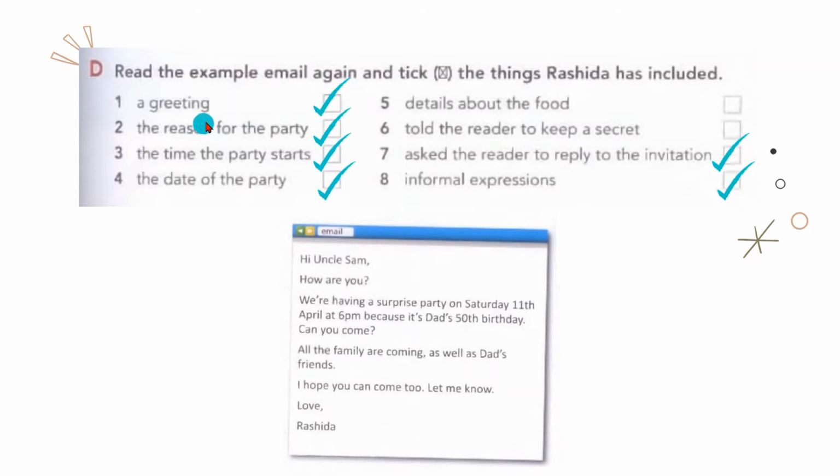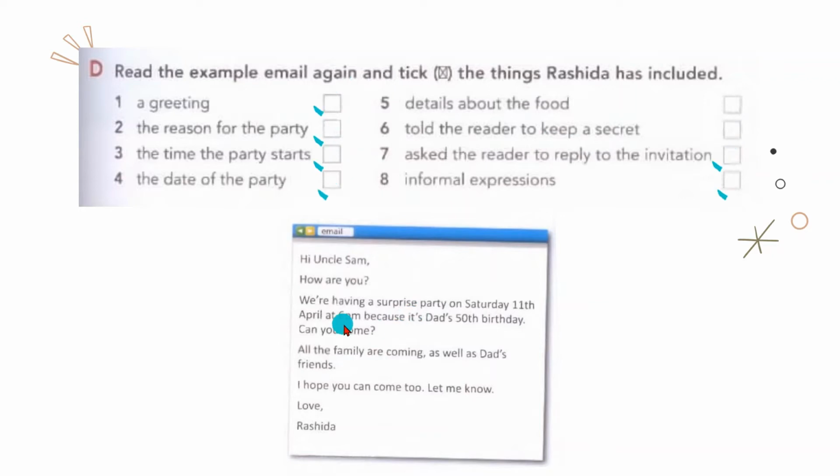So she has included a greeting, the reason for the party. The greeting, hi. Reason for the party, because it's Dad's 50th birthday. Time the party starts is at 6 p.m. Date of the party is on 11th April. She did not include any details about the food. I don't think it's important. And she did not tell the reader to keep a secret.